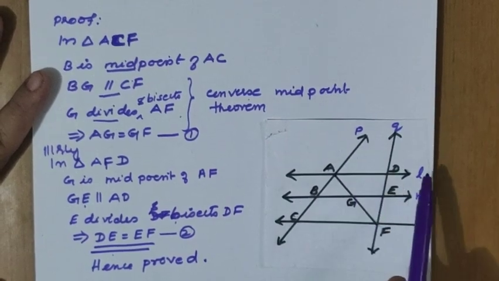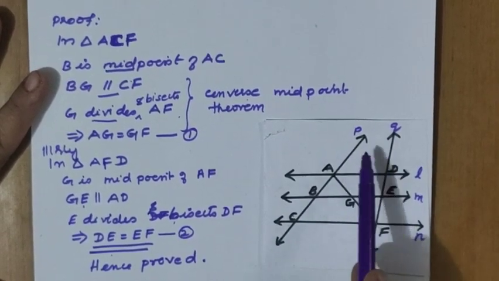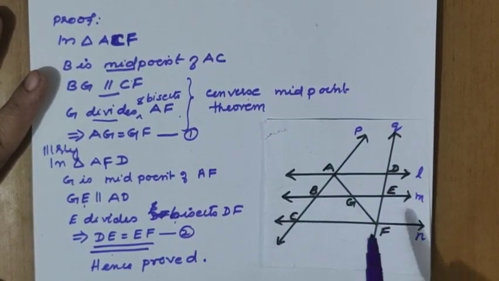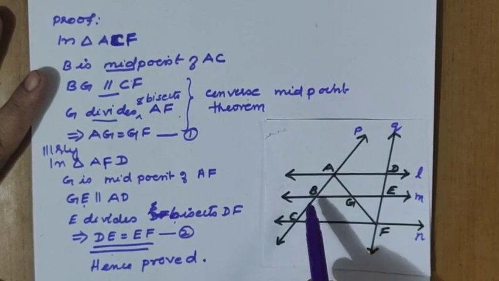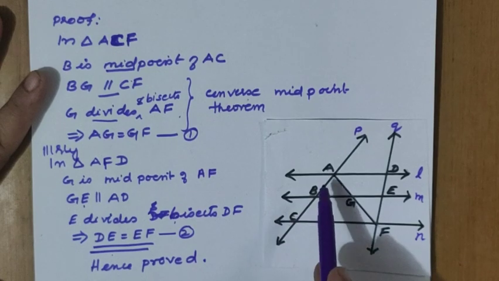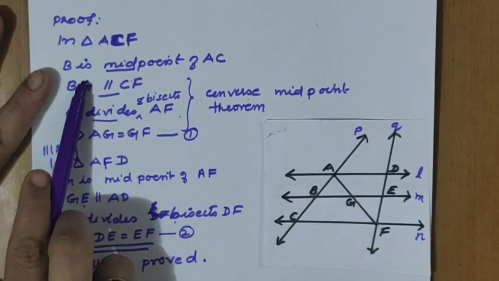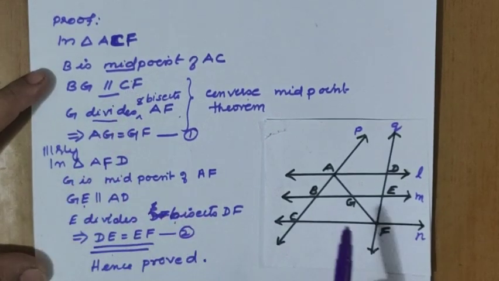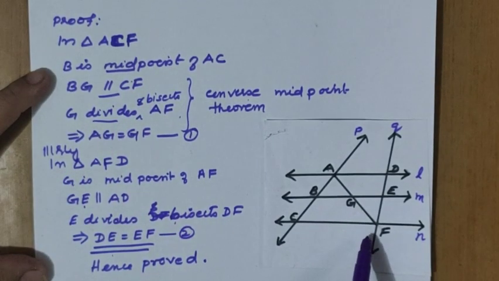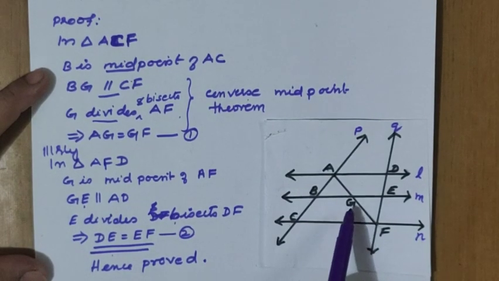Okay, we have three parallel lines L, M, N, and the other lines P and Q are the transversals here. We are given that it makes equal intercepts AB and BC, that is AB equal to BC. So we start: B is the midpoint of AC, and BG parallel to CF, right? Then G bisects AF.